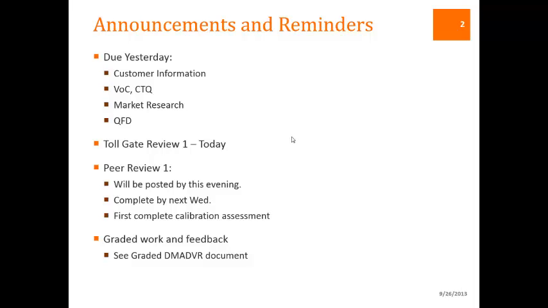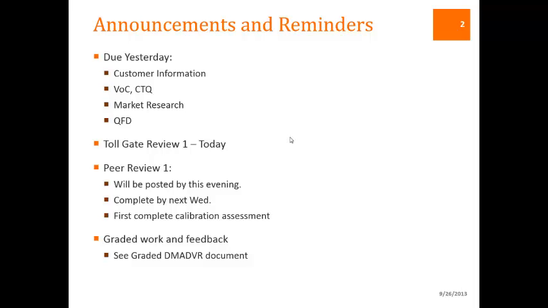And this evening I will be posting the first of the peer reviews. This is going to be done through an online system, so you'll get an invitation to join this online system through email. The first thing you'll need to do is to complete a calibration assessment. So this basically runs you through a fake group and helps coach you on how you would assess different group members.